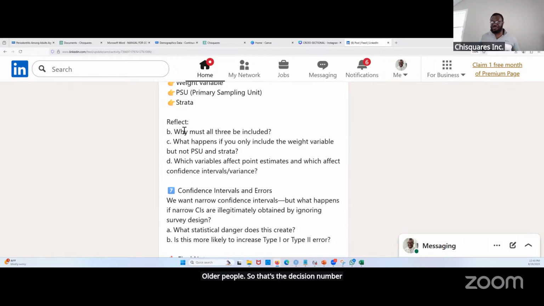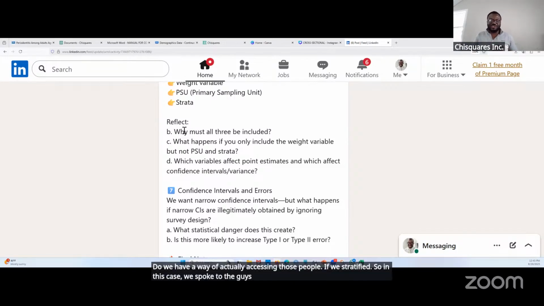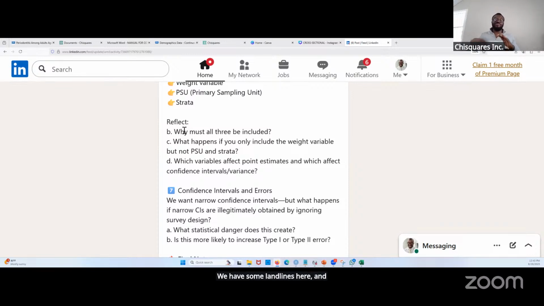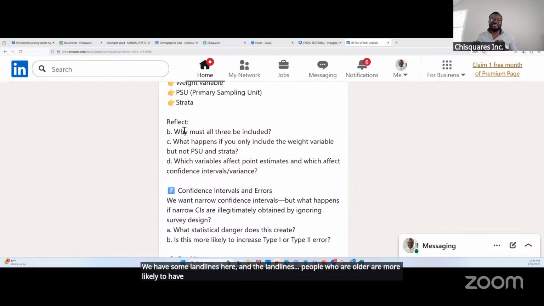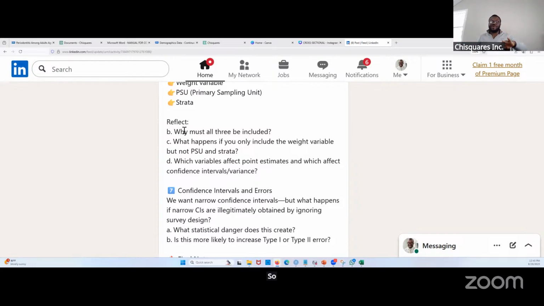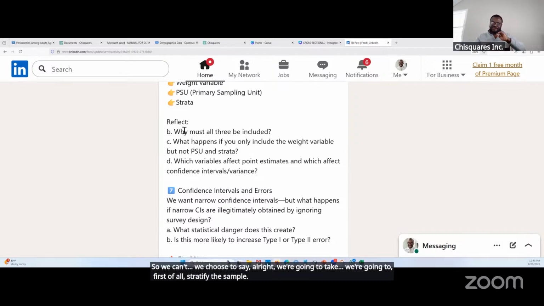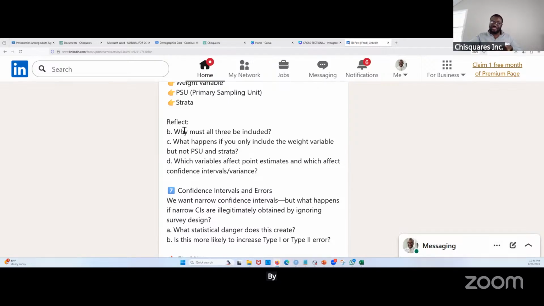Decision number 2: do we have a way of actually accessing those people if we stratified? In this case, we spoke to the guys in communication. They said, we have some landlines here, and people who are older are more likely to have landlines. So we choose to first of all stratify the sample by landline owners and cell phone owners, since older people are more likely to use landlines.